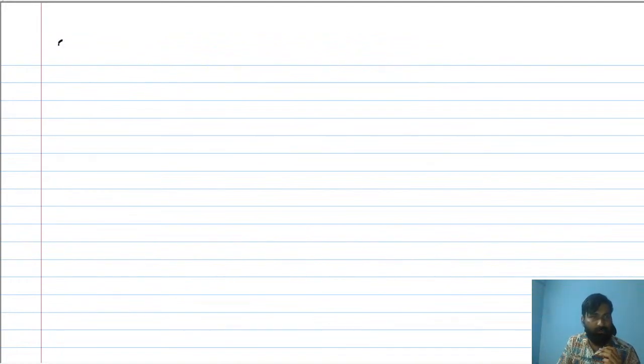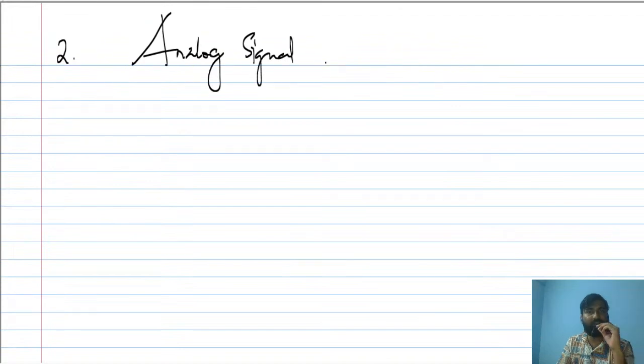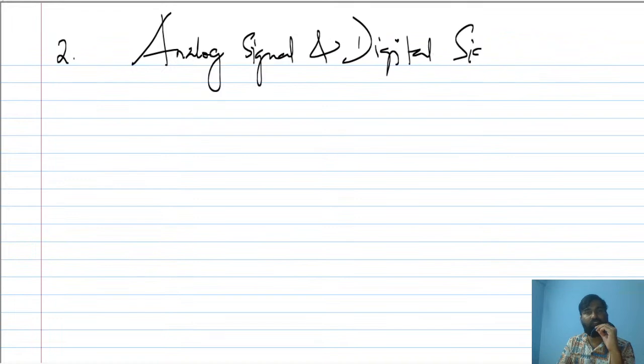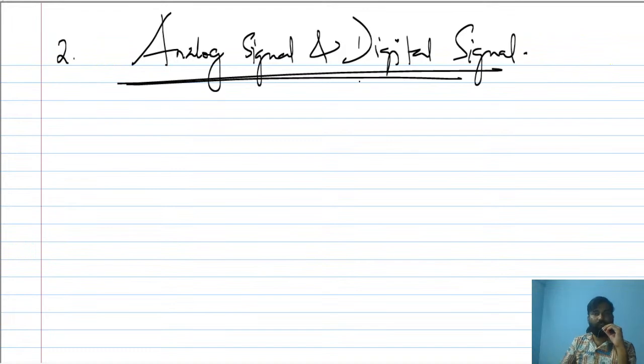Next classification: analog and digital signal. Nowadays, if somebody is interested in analog, they can go for analog mixed signal design. There is a specialization, analog mixed signal design. What is the meaning of that? See, without analog, nothing is possible.